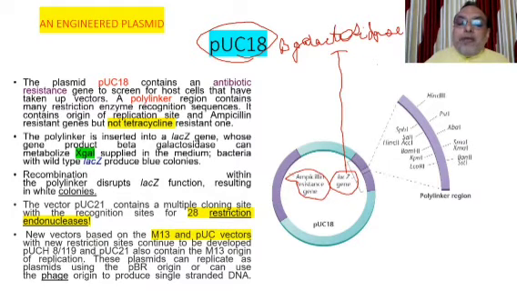So we have a marker which produces beta galactosidase. This beta galactosidase will act upon a substrate.